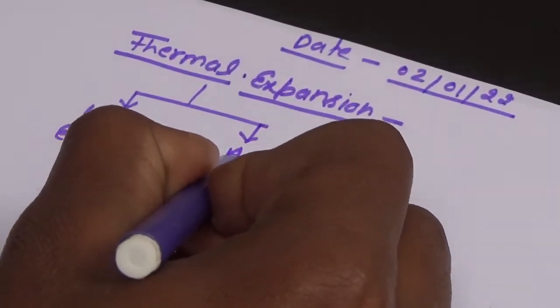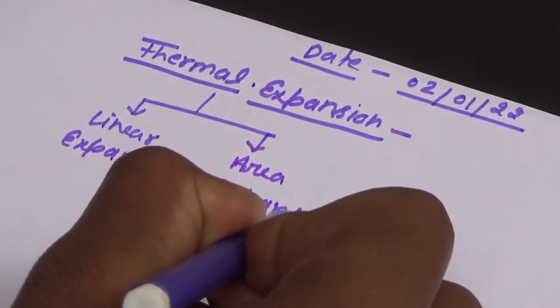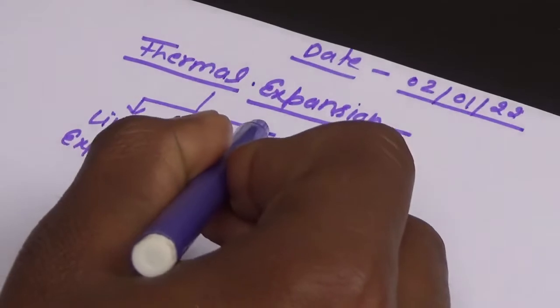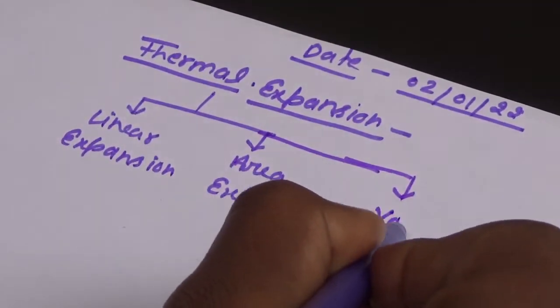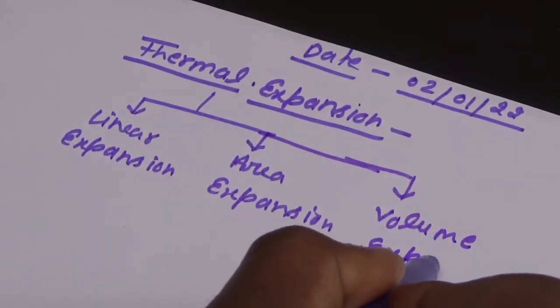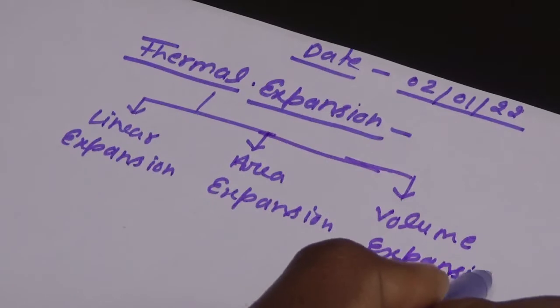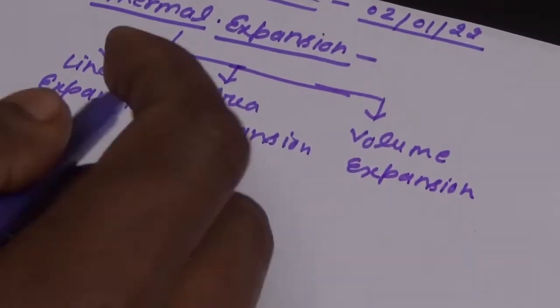Second is area expansion. And last is volume expansion. We have discussed all these types of thermal expansion.